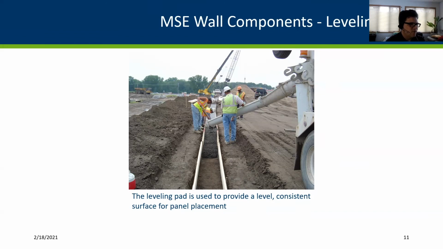But in the end, once it's buried, we actually don't really care what happens to that pad. And in many walls across the nation, they found that these pads will eventually just disintegrate to sand. That's fine. Once it's buried, once it's served its purpose, the leveling pad is a small part of how the wall will really perform.